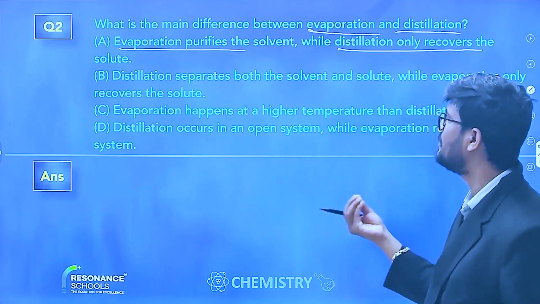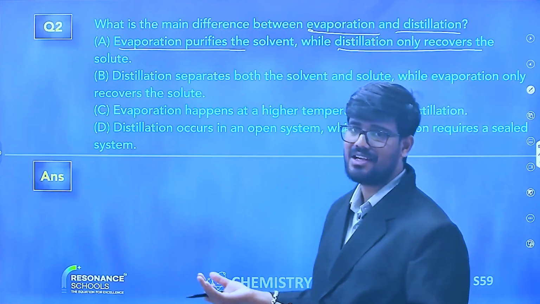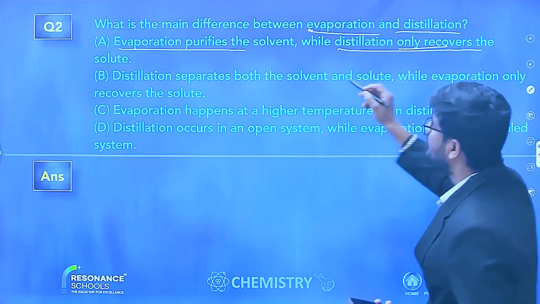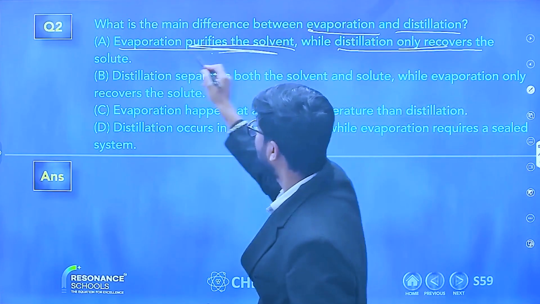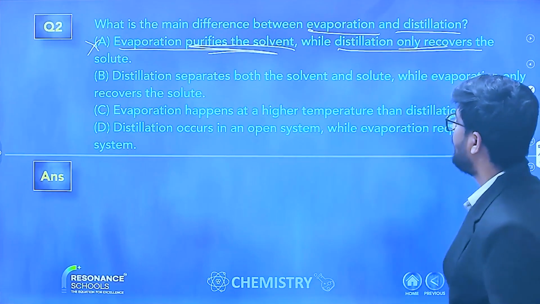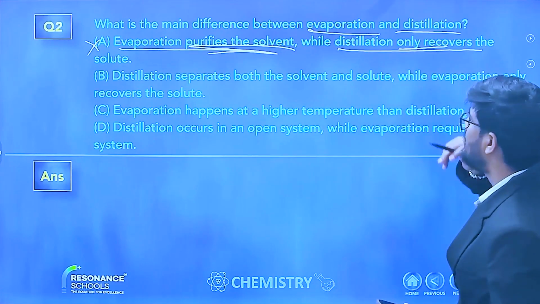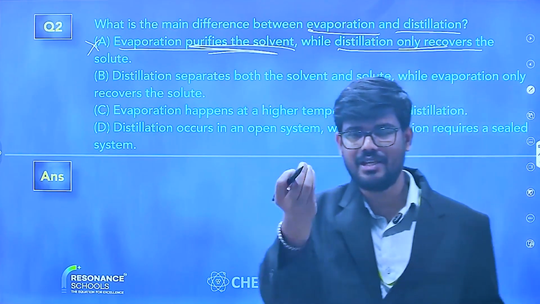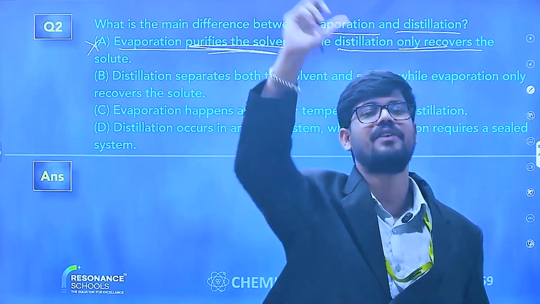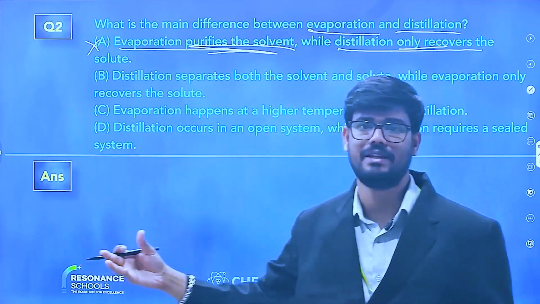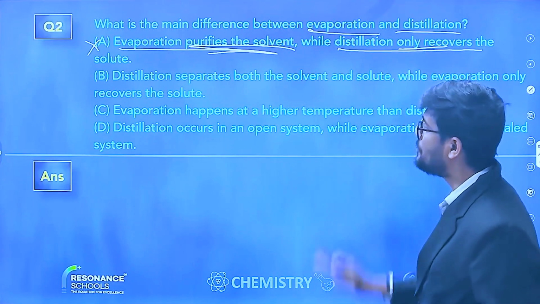You are not collecting that liquid, so it is not a complete process. Because of this part, it will be a wrong statement. And distillation only recovers the solute? Distillation recovers the solvent, na? You are heating, so that liquid solvent is converting to vapor, and that vapor part you are collecting. So the option is wrong.